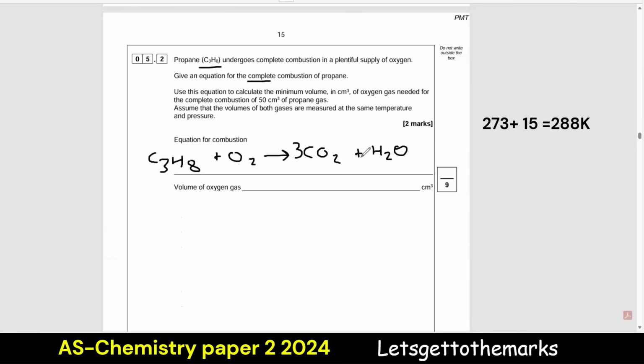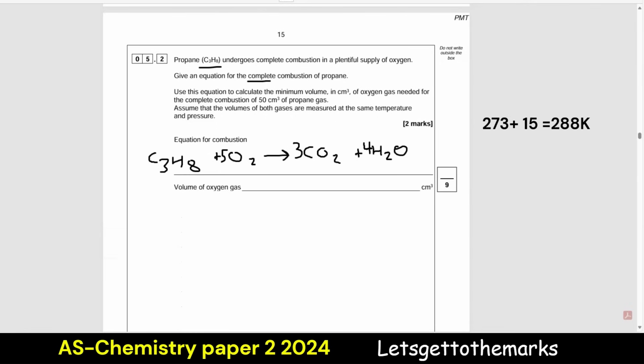We've got 8 H's, so what do I times H2O by? I times it by 4. 4H2 is 8. So that is always the case. Now 3 times O2 is 6, 4 times O is 4, so 6 oxygens plus 4 oxygens is 10 oxygens. I need a 5 over here, and that gets me 1 mark.